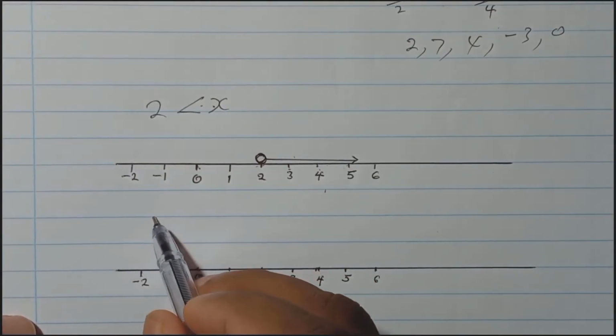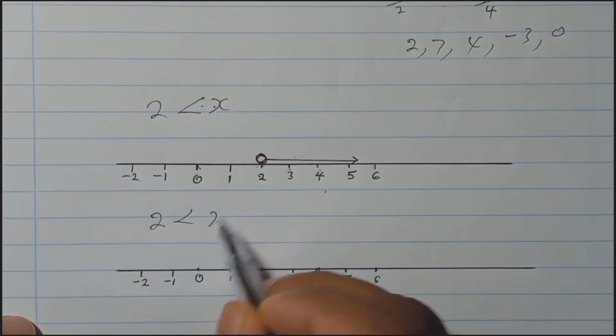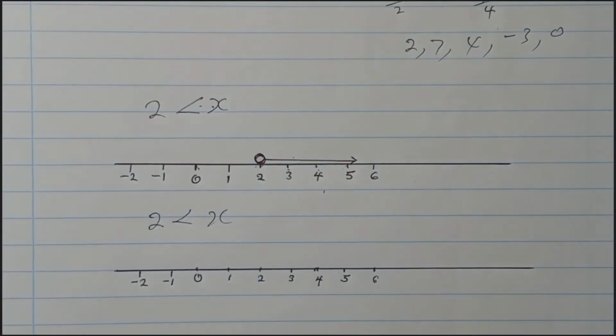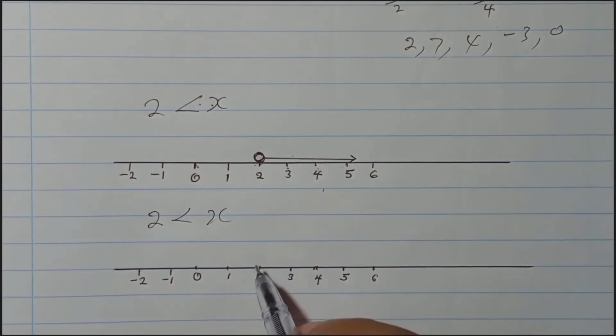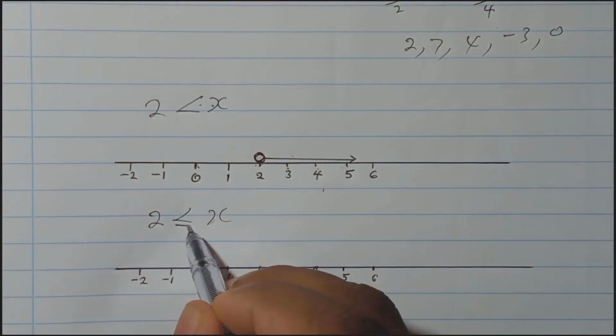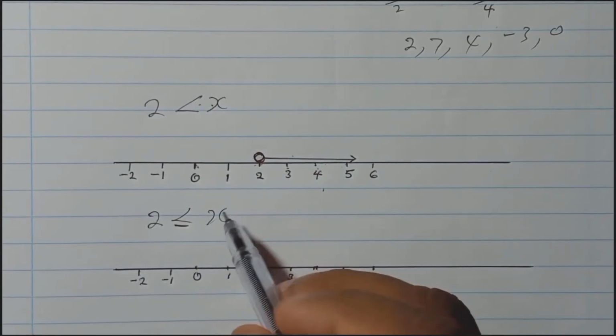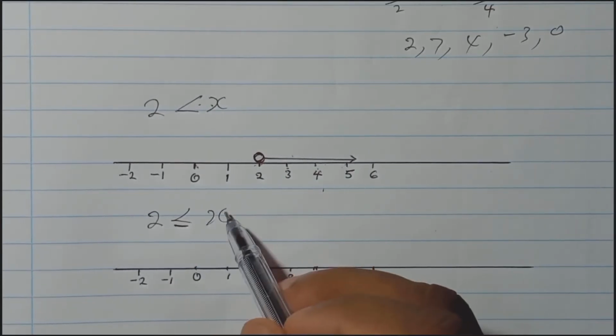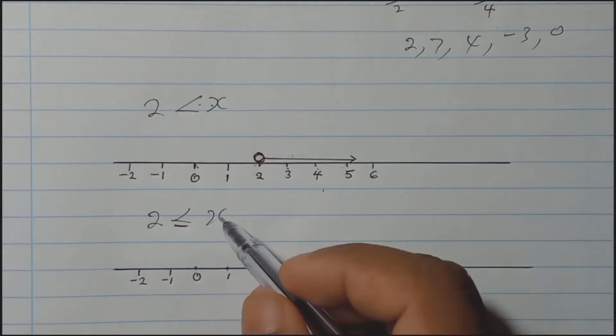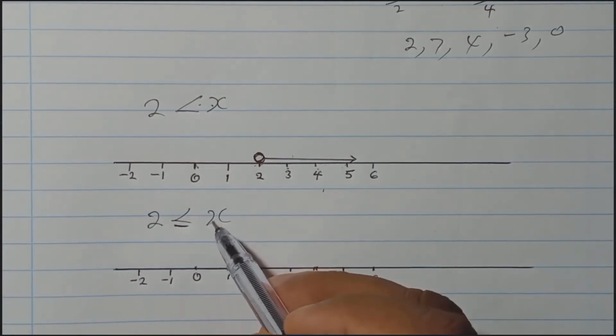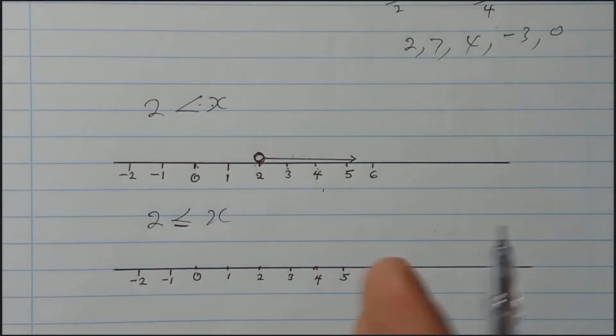If you got the 2 like this, now how do we color this one? Now 2 here, they put a dash, think if you have a dash here, how do we color it? You need to think like this about the unknown value: your answers x should be greater than 2, those values should be greater than 2.